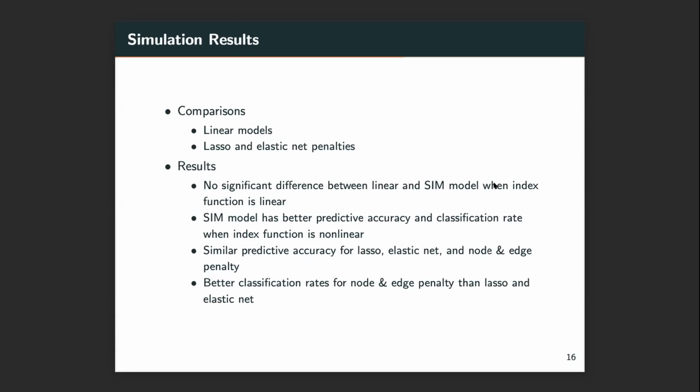And so classification rate here is defined by node and edge inclusion in the estimated coefficient matrix. So we find that even with the single index model, we have a similar predictive accuracy with the other types of regularization terms, but we find that the node and edge term has better classification rates than both the lasso and the elastic net.